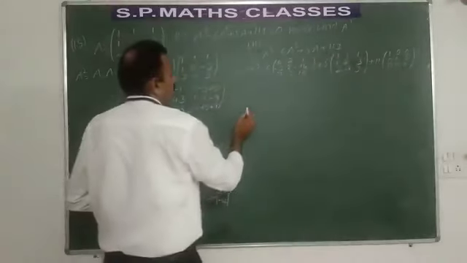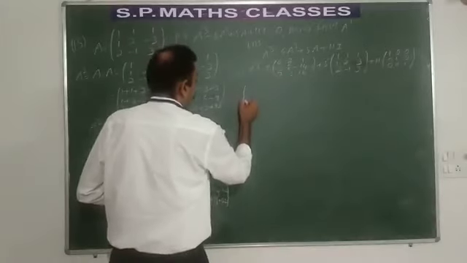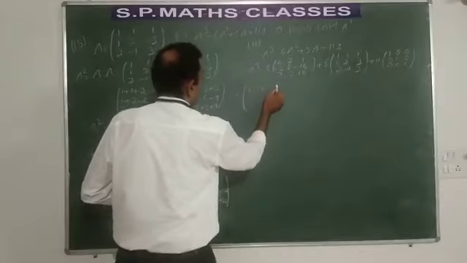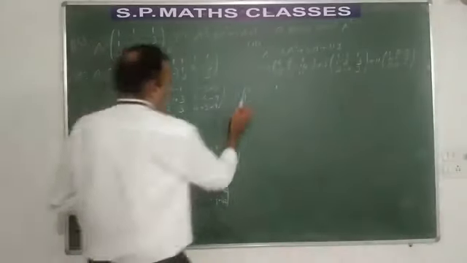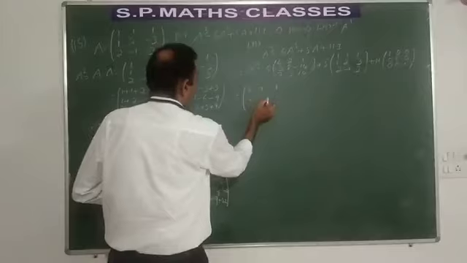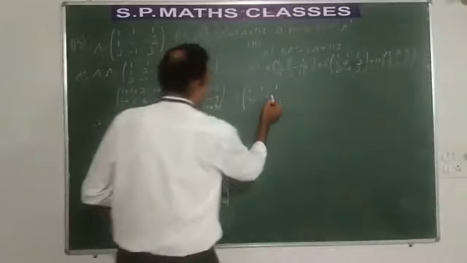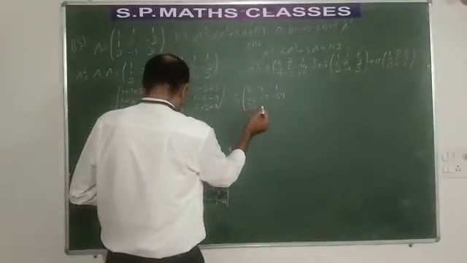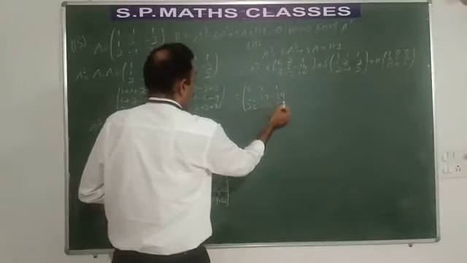Now A cube I write. What is A cube now? 8 7 1, minus 23 27 and minus 69. It is 32, minus 13, 58.